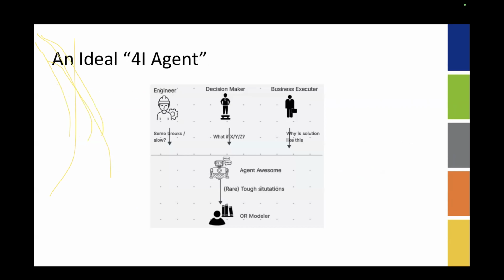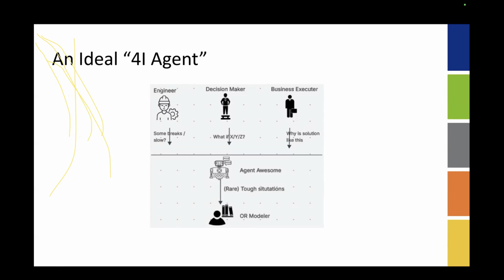And ideally, what we really need is, for example, an agent. We call it Agent Awesome, that can handle most of the questions from decision makers, business executives, and engineers in an automatic way, and we only leave the real, difficult problems to OR modelers.